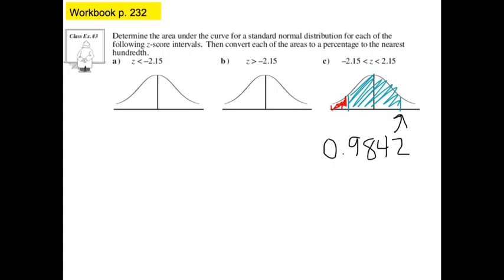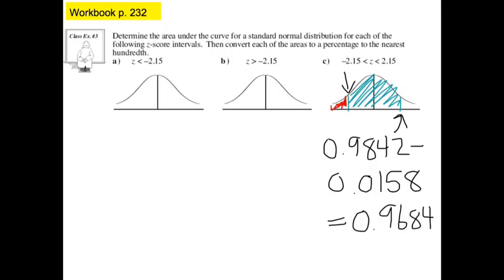Now, of course, what you're going to do is subtract the other area, which is 0.0158, and in that case what you're going to get is 0.9684, or about 96.84%. You subtract that because we don't want this area here that I've highlighted in red, we just want the blue area. And z-scores refer to everything to the left. So in this case, everything to the left of the lower z-score, we're going to subtract it.